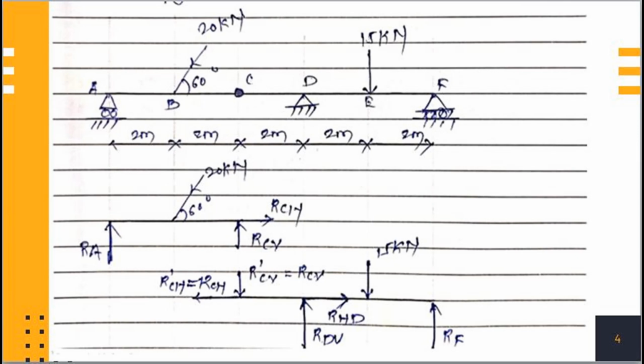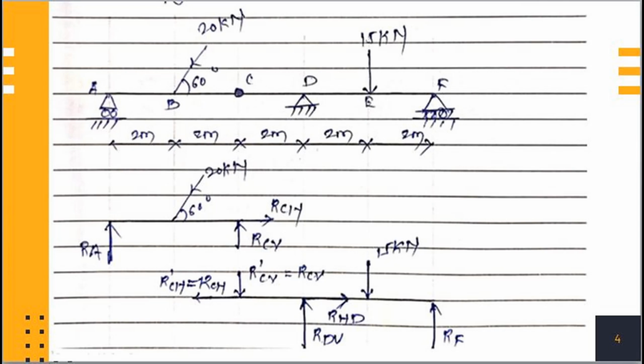Now at point C there is also a reaction, but the reaction at point C is inclined, lying in the third quadrant because of the inclined load of 20 kN. Now first of all we have to resolve both inclined forces, that is the 20 kN force and RC.